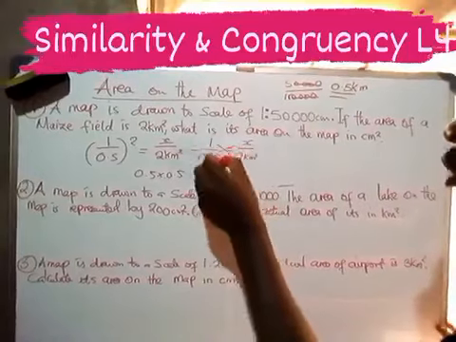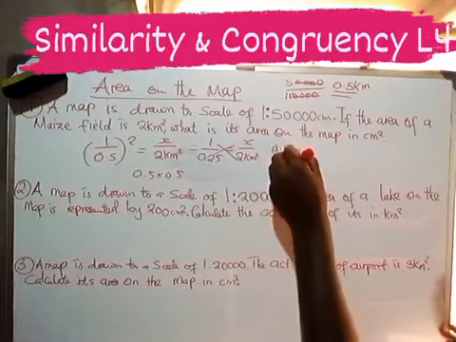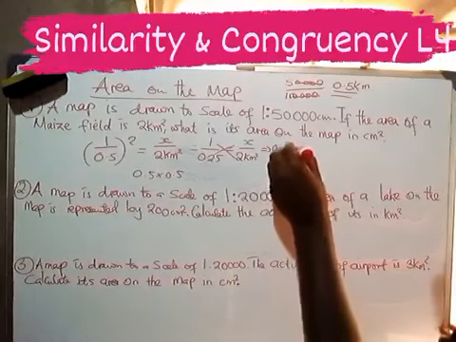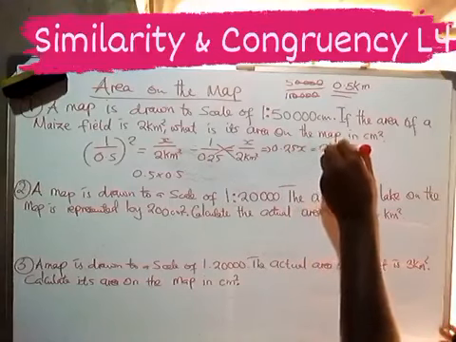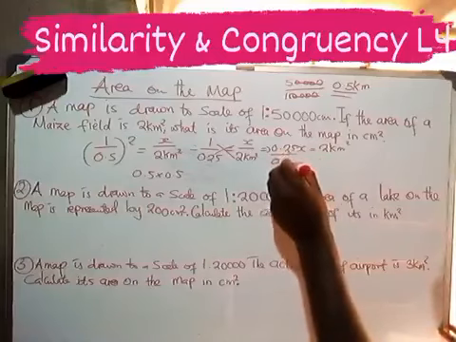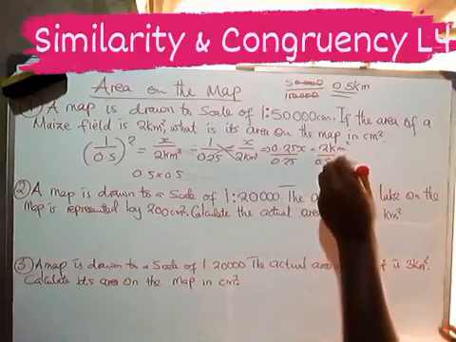So now we'll cross multiply. We are going to have 0.25x is equal to 2 kilometers squared, then divide by 0.25 on both sides.